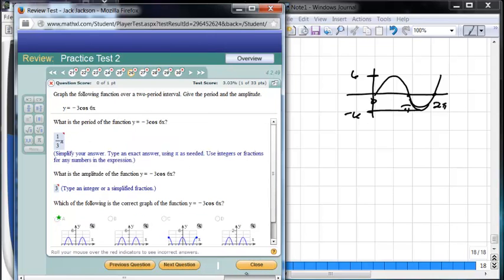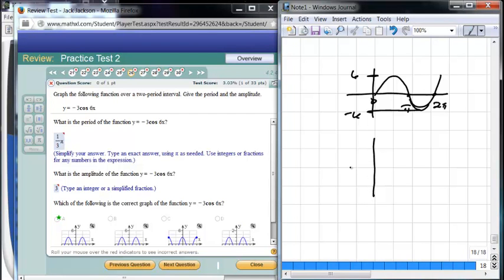So we change the amplitude. Now this one takes a regular cosine, which normally starts at the top, and it flips it upside down like this, and stretches it so that that's at negative 3 on the y-axis.